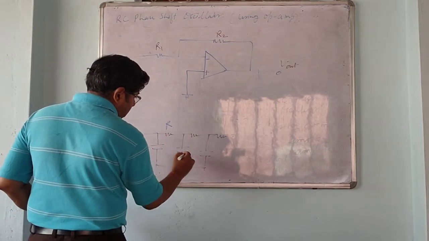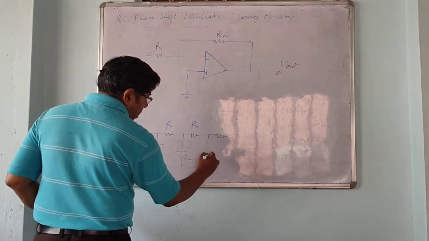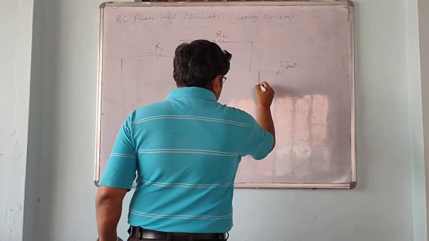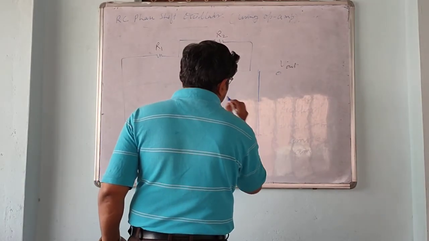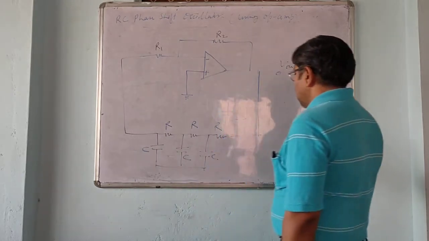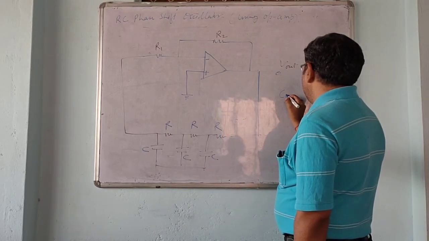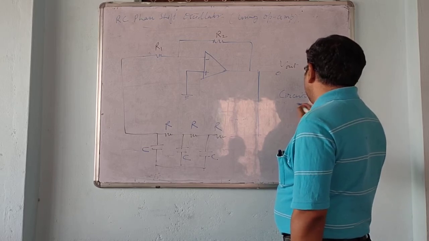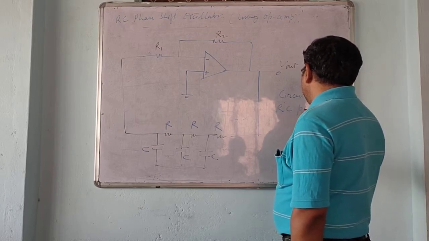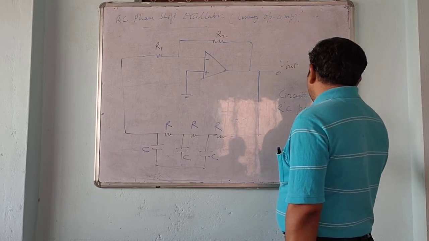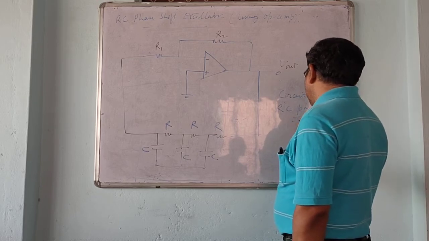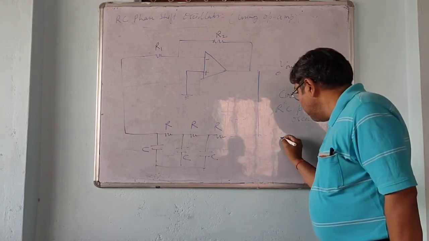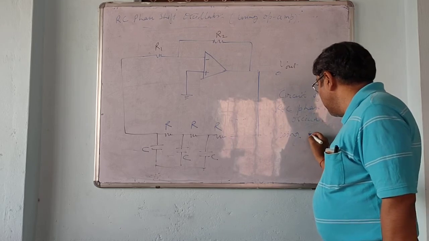C, R, C, R, C, R. And this is connected to the output. So this is the circuit of the RC phase shift oscillator using an operational amplifier.